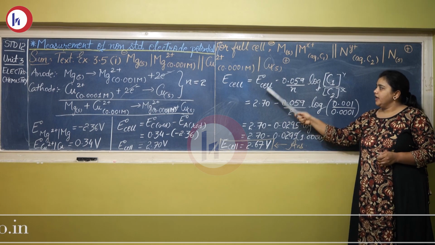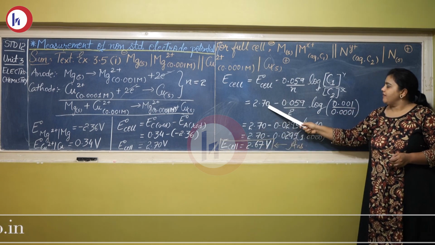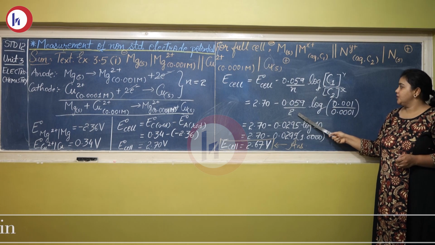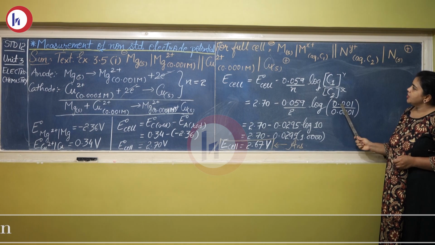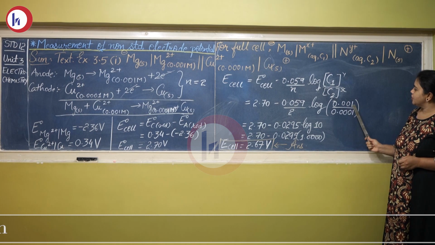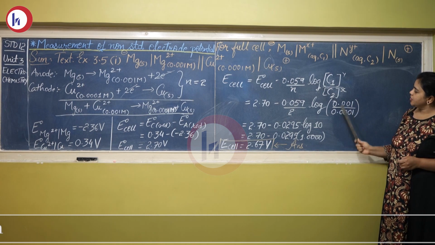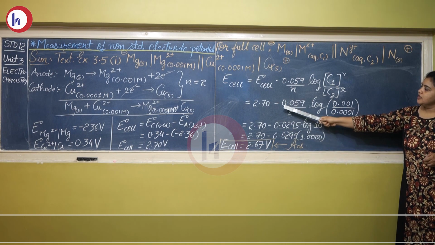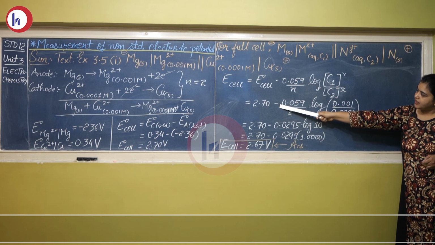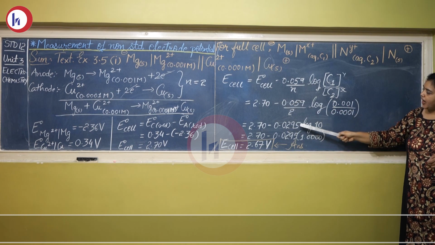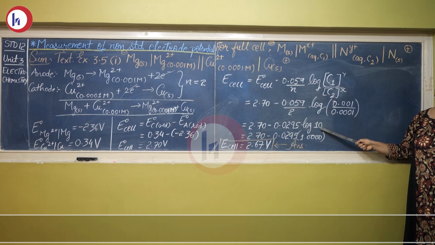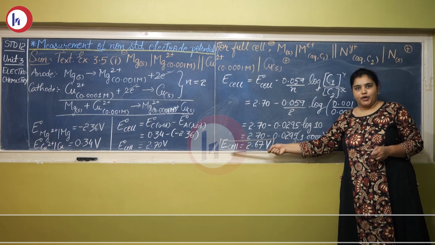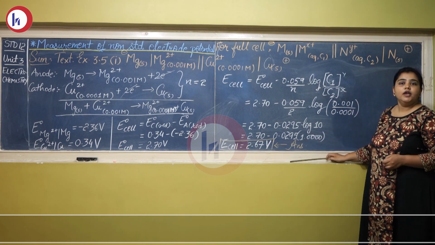Substituting the values we get E0 cell 2.70 volts minus 0.059 upon n, which we obtained as 2, log of concentration of the anode half cell 0.001 divided by concentration of the cathode half cell 0.0001. If you see, we will get the sum as 2.70 minus 0.0295 log of 10. Log of 10 is 1. So we get the answer of cell potential as 2.67 volts.